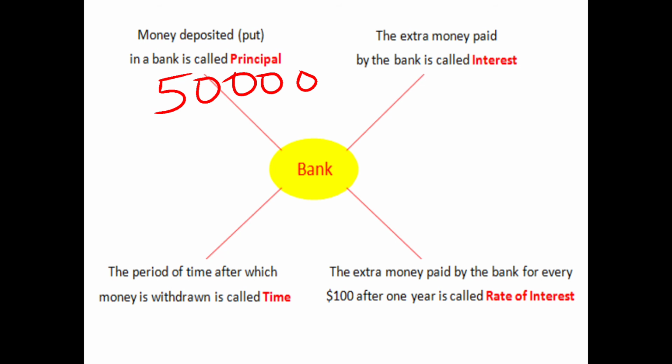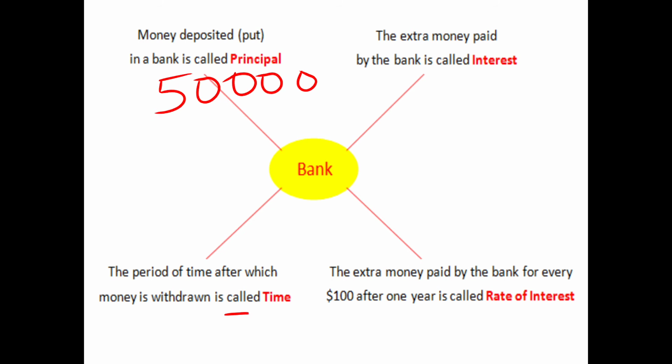Then the period of time after which money is withdrawn. How many years you have deposited, and then when you will withdraw the money. For example, you deposited 50,000 in the bank for 2 years. The bank will give you 10% interest or 2% interest, whatever it is, and you will get the money in your account.